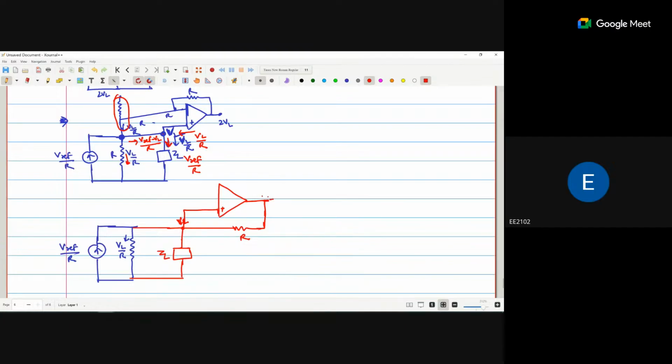This is 2 VL point. This is the negative terminal. We require one resistance R, one is feedback resistance R. So this is the R, this is the R, and this one is connected with a ground.